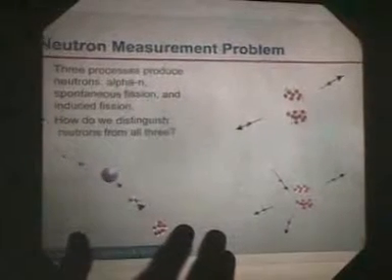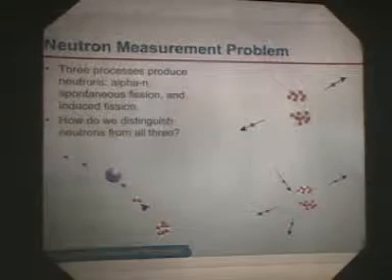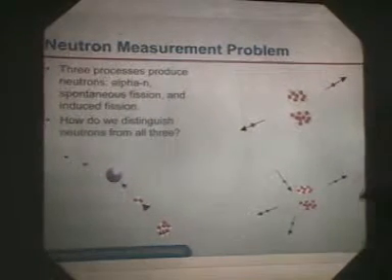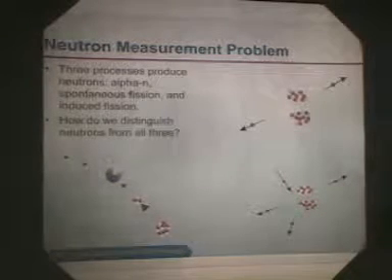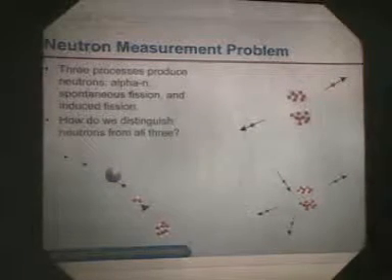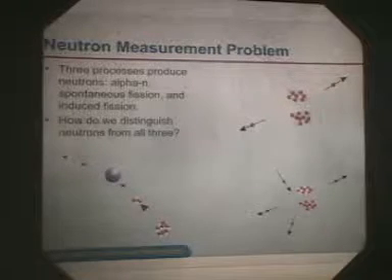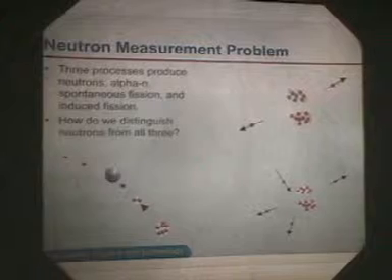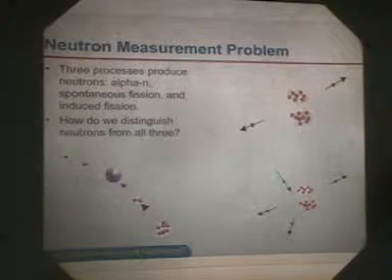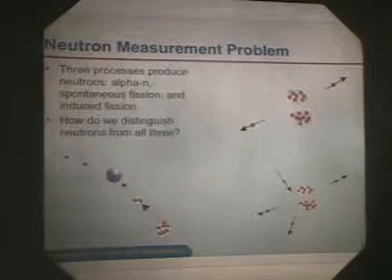Now, this is a slide modified from my coincidence lecture. We talked about previously in coincidence, the fundamental neutron measurement problem is that we had two sources of neutrons, one of which were alpha-n neutrons, which occurred one at a time, and the other was fission neutrons that occurred on average about two at a time, but really sort of several at a time.